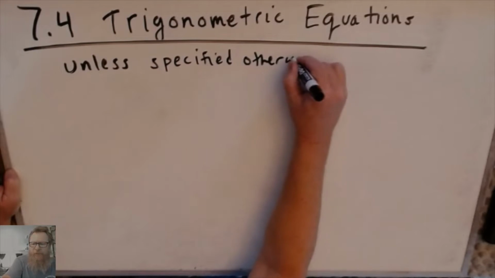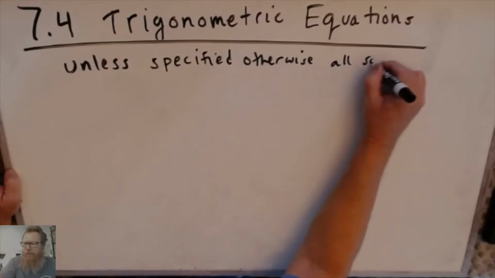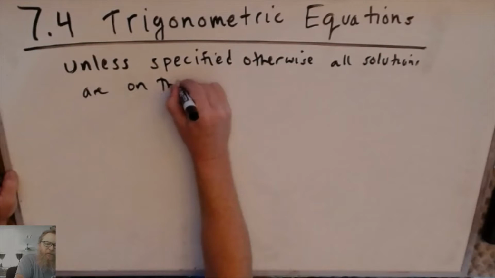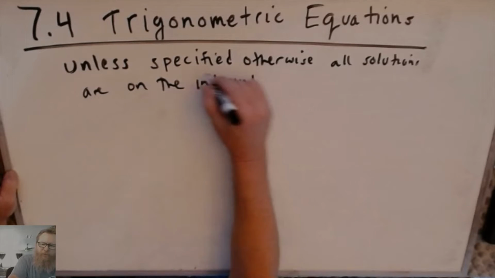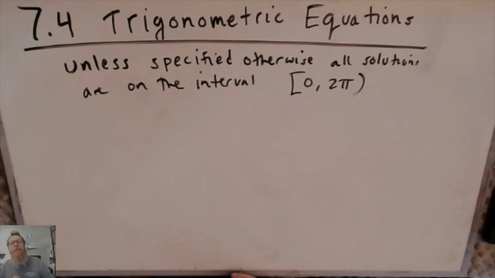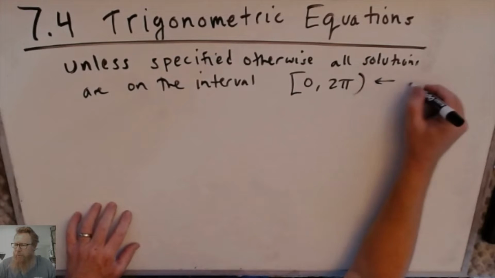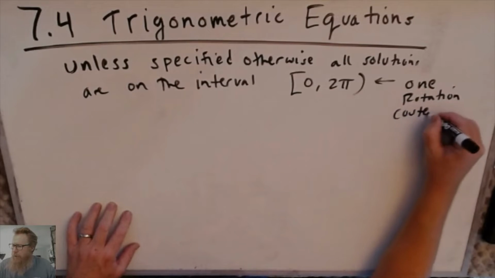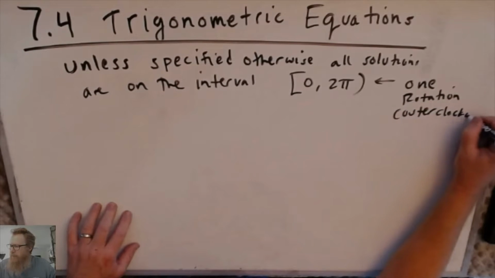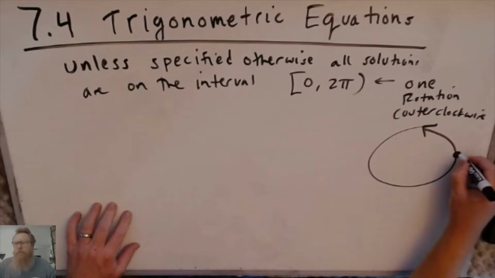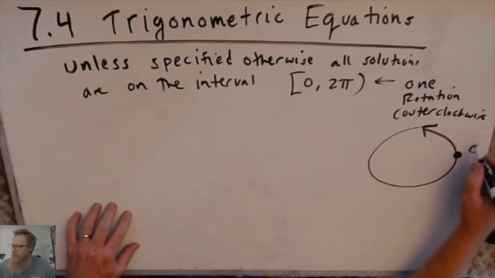In other words, unless I say so, all solutions are on the interval 0 to 2 pi. In other words, one rotation counterclockwise from 0 all the way to 2 pi.